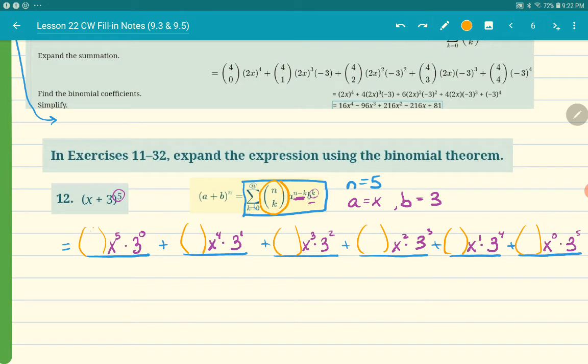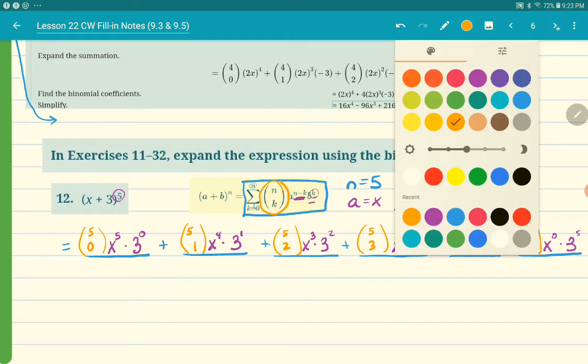So I'm going to go ahead and write the 5 for all of them. And then on the bottom, I have k, and k goes from 0, 1, 2, 3, 4, 5. So I choose 0, then I choose 1, then I choose 2, then I choose 3, then I choose 4, and then I choose 5.